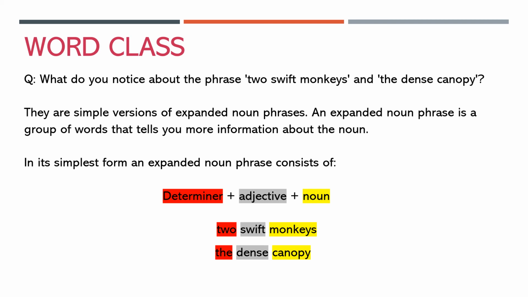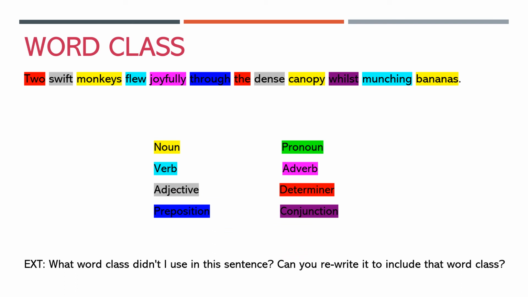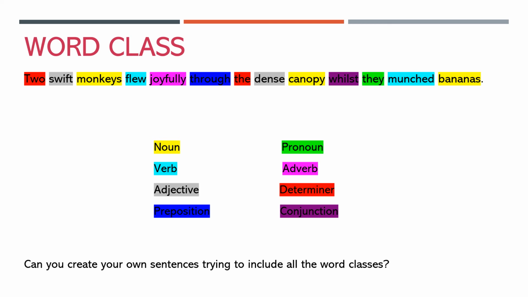The dense canopy. Now going back to our sentence, 2 swift monkeys flew joyfully through the dense canopy whilst munching bananas. What word class didn't I use in this sentence? And could you potentially pause the video and rewrite this sentence to include that word class? Well done if you noticed that I hadn't used a pronoun.